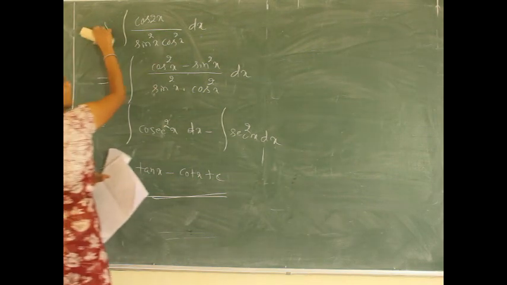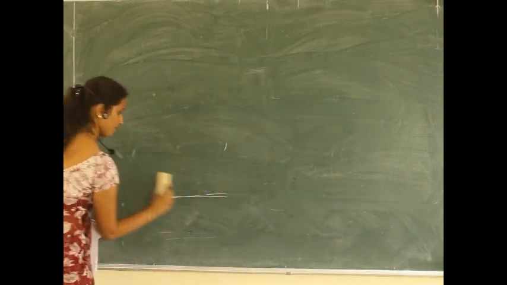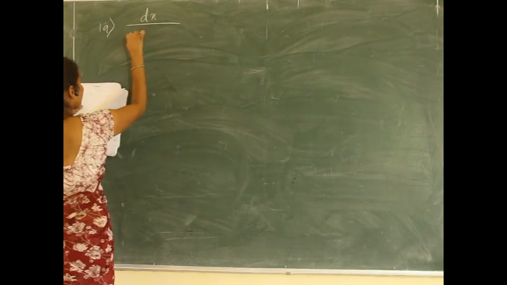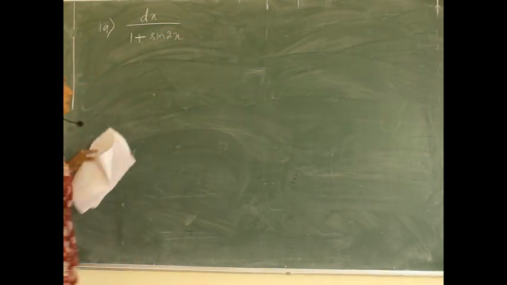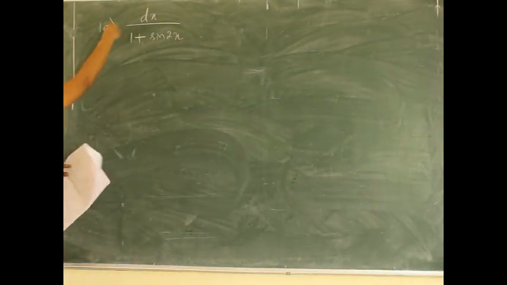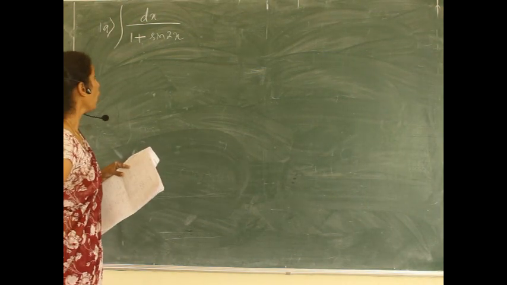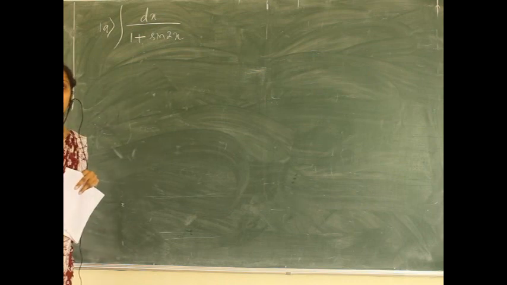So next, 19th question. Integral of dx divided by 1 plus sin 2x. How can we simplify? We can use the formula of sin 2x, which is 2 sin x cos x, and 1 can be written as cos square x plus sin square x.